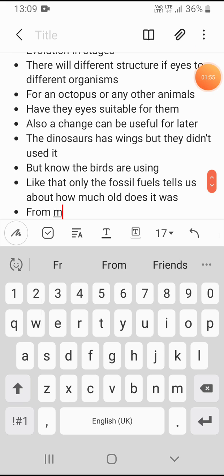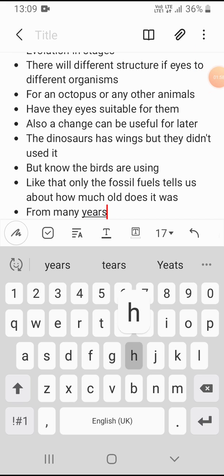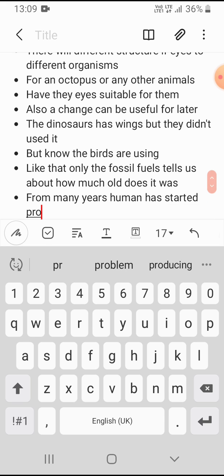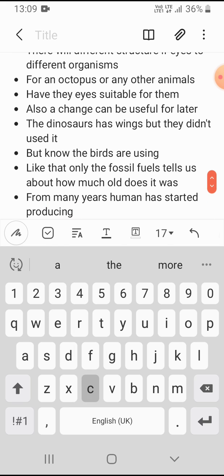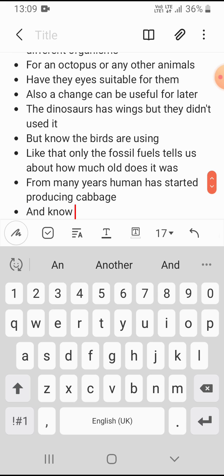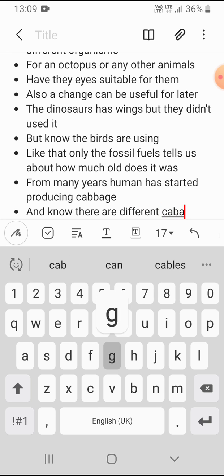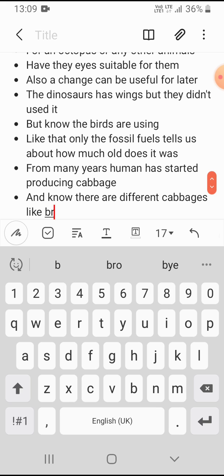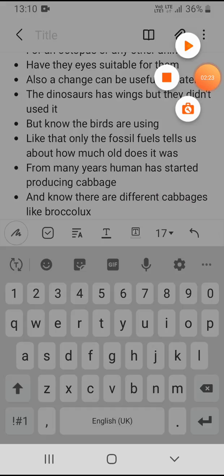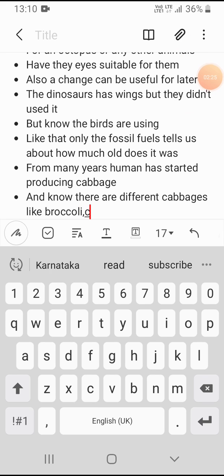For many years, humans have been producing cabbage, and now there are different cabbages like broccoli, cauliflower, and many more.